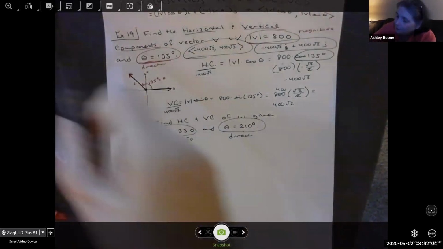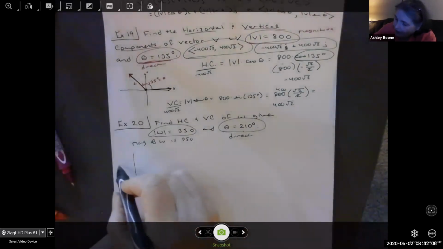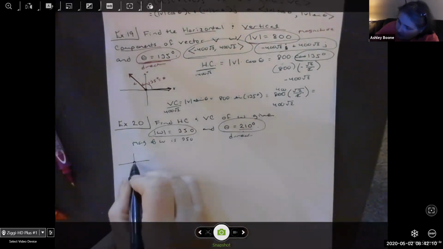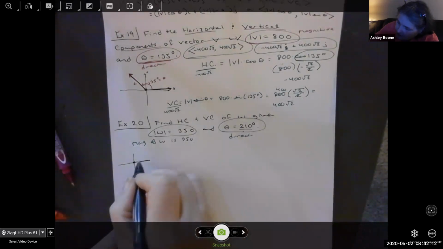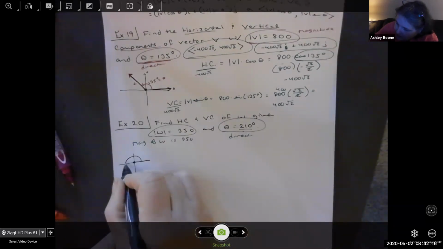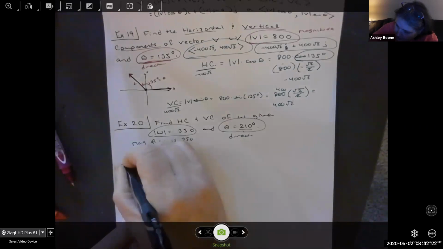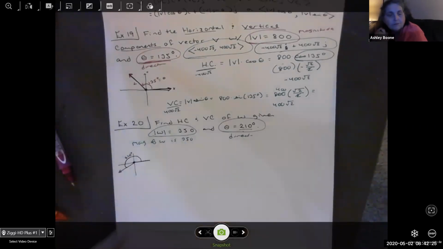So imagine if you started any vector at the origin. If you have a direction of 210 degrees, starting with your standard position, if you go 210 degrees, to the other side of the x-axis is 180, 210 is right here. So there's our 210 degrees. Notice third quadrant, we're going back and down. Think about this.